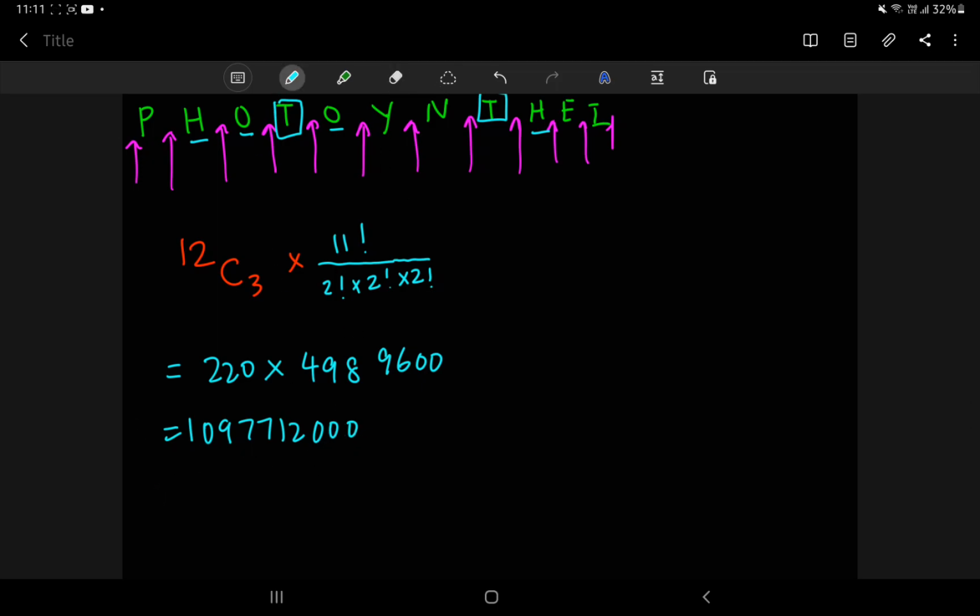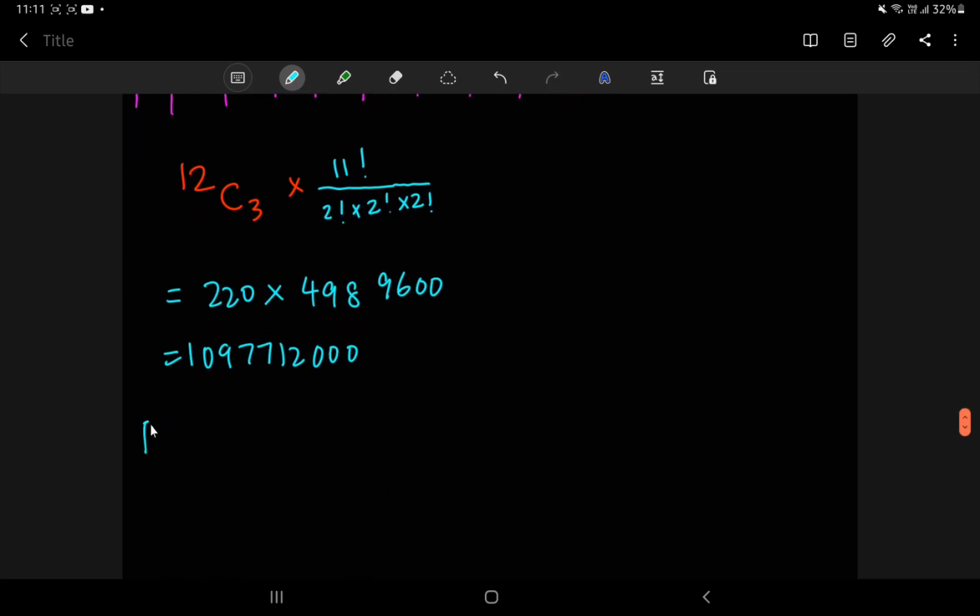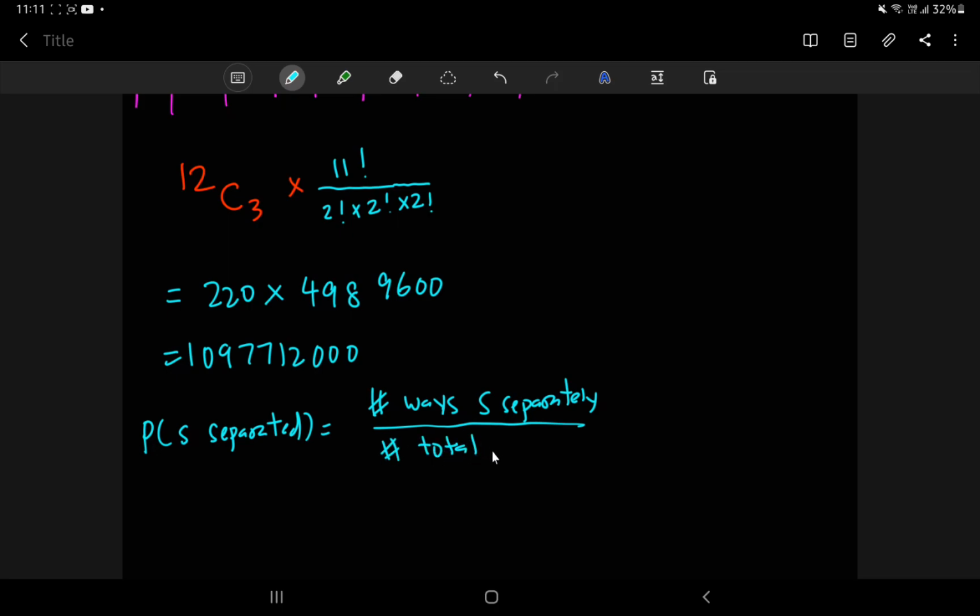But we need to find the probability. The probability of the S's being separated is the number of ways we can arrange the S's separately, divided by the number of total possible ways.